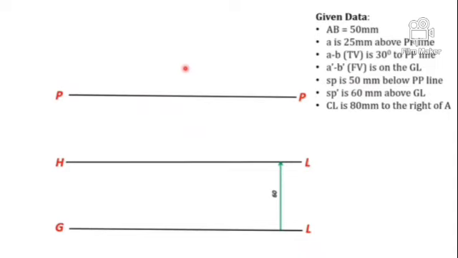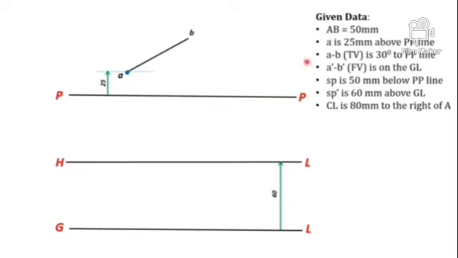Now you can draw the top view of the line. It is given that the line is inclined 30 degree to PP and one point A is 25 mm above the PP line. So draw a line which is 25 mm above PP. Then you mark a point there, that is point A. Then draw your true length of the line, that is, it is given that AB is 50 mm.